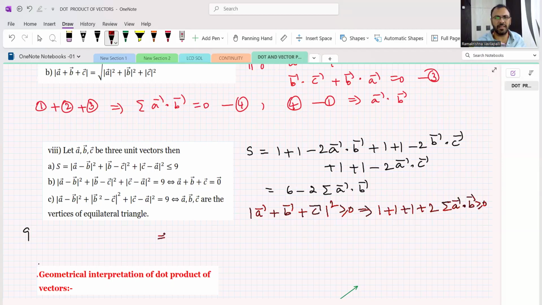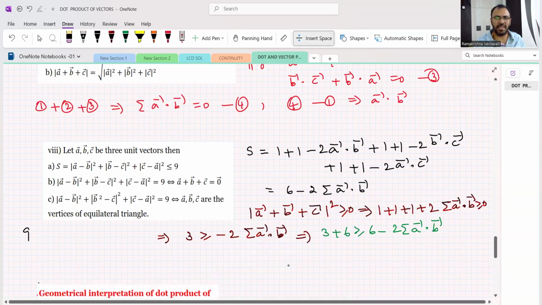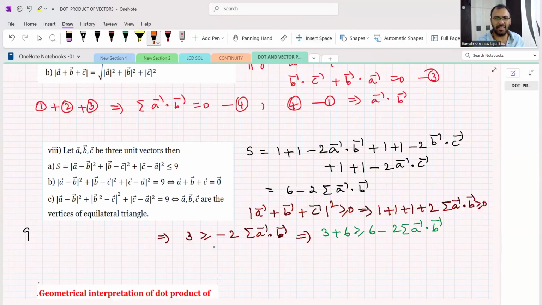So we got that 3 is greater than or equal to minus 2 times sigma A bar dot B bar. Now adding 6, because we want 6 minus 2 into sigma A bar dot B bar: 3 plus 6 is greater than or equal to 6 minus 2 into sigma A bar dot B bar. So therefore S is less than or equal to 9.